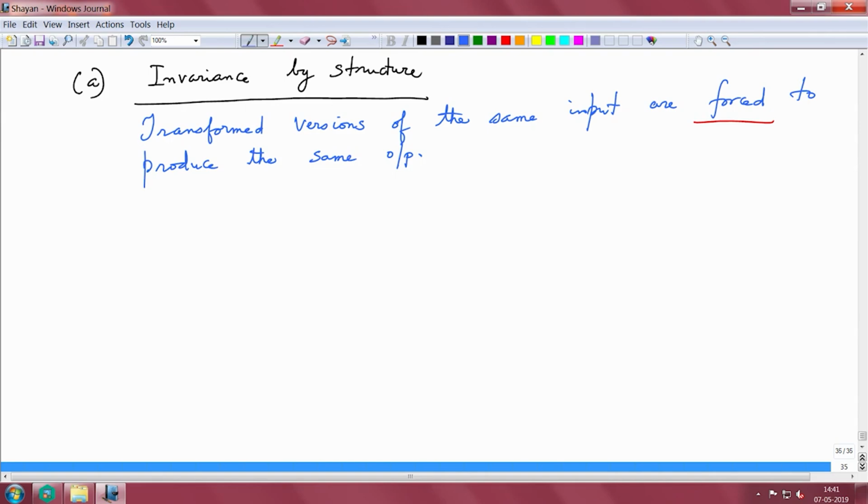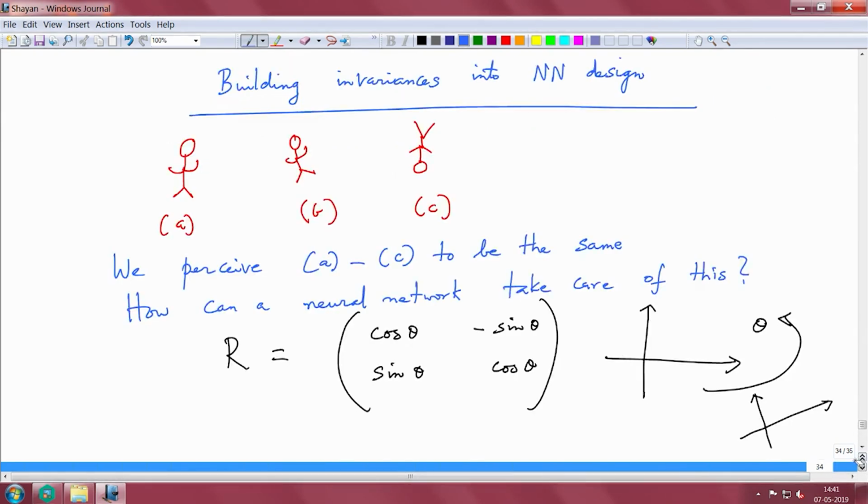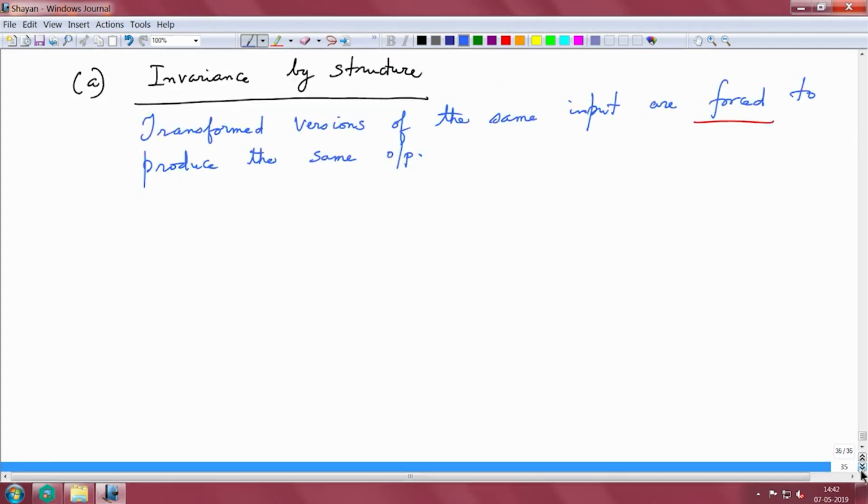For example, going back to our previous slide, if I have object A and I extract some features out of object A and I present it to the network and I say that the desired response is 1 for object A. Similarly, I rotate this object by an angle theta and I extract the features and I present it, I say that this also has to be the same desired response, right. And if we force the transformed versions of the same input to produce the same output, then we bring in this invariance through structure.